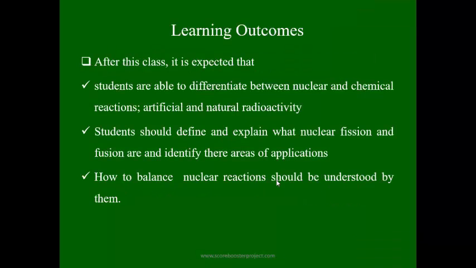Last week, what we were able to do was explain the different types of radiation, where we mentioned alpha particles, beta particles, and gamma particles, and we stated their properties and the nuclear reactions in which each of them occurs.